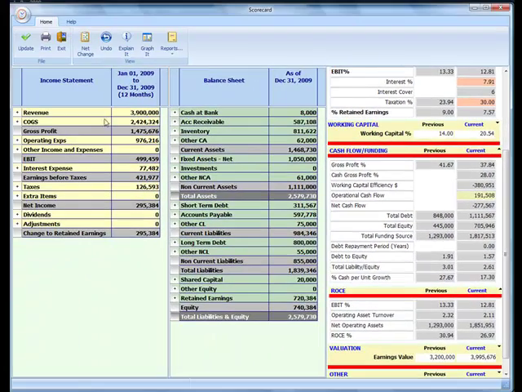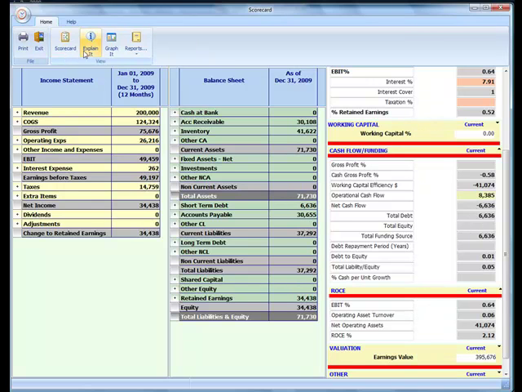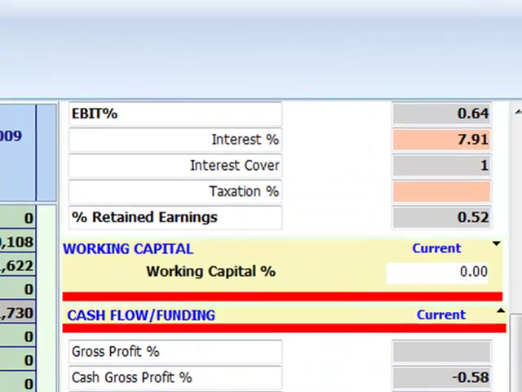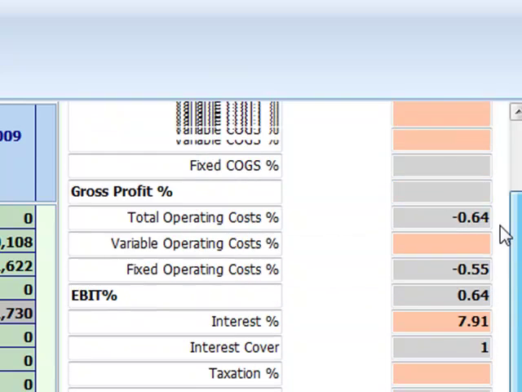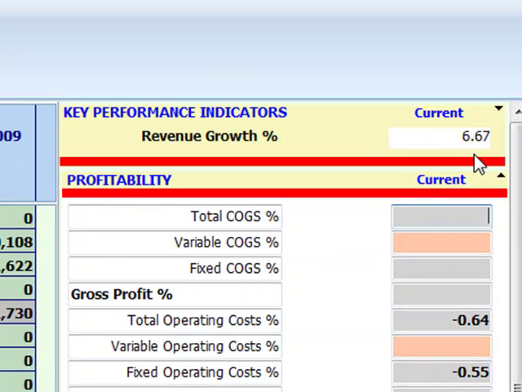So what we want to do is quickly look at the impact of that strategy on our debt structure. So let's have a look at that additional growth rate of 6.67%, so roughly a 7% additional growth rate.